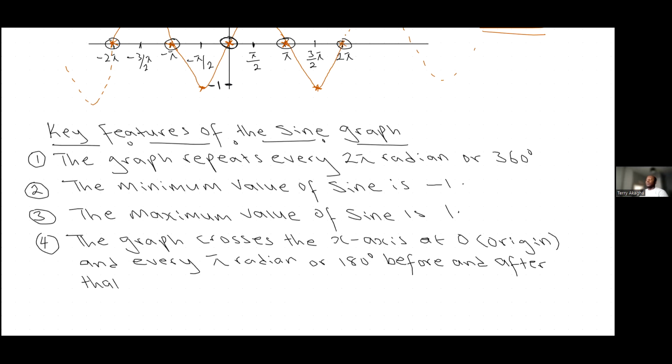So you notice here that the graph crosses the x-axis at the origin and every pi radian or 180 degrees before and after that.